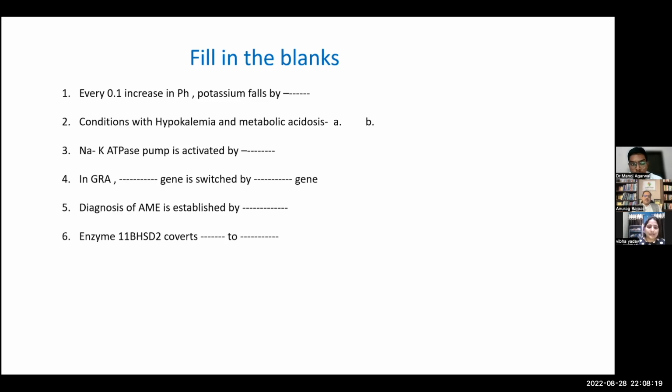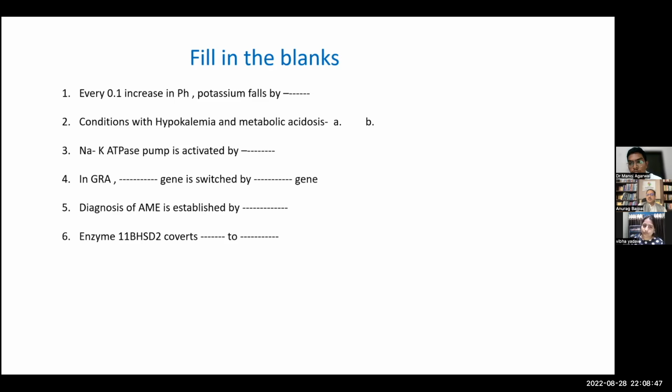This enzyme 11 beta HSD2 converts what to what? What is the initial product and what is the final product? Dr. Manoj talked about 11 beta HSD2 as a shield for the mineralocorticoid tissues, preventing hyperactivity from an agent which is 100 or 1000 times higher in concentration in the blood.